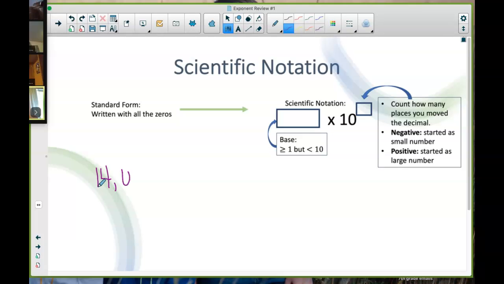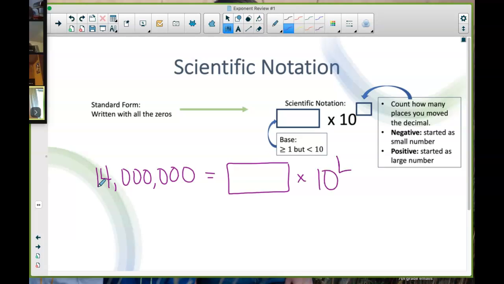Okay? So standard form would look like this: 14 million. That's standard form. We've got all the zeros. If I want to write that in scientific notation, I need a base times 10 to some power. So I need to be able to fill that in. Now we can't forget that the base has to be greater than or equal to 1, but less than 10.